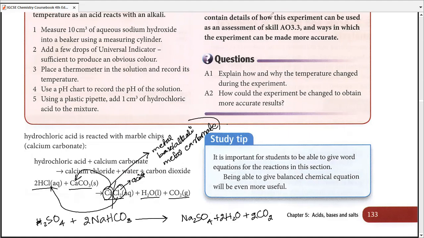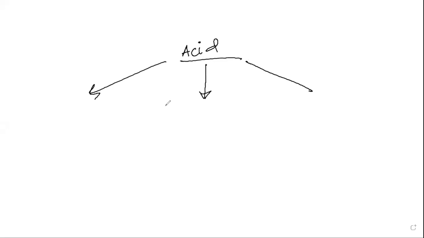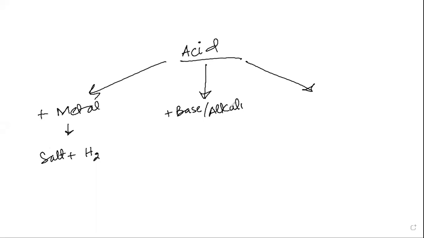I would like to stop at this point and I would like to draw a mind map. So mind maps are easy. Remember, we always start off with acids, and there are actually three kinds of reactions. When an acid reacts with a metal, it gives us salt plus hydrogen. When it reacts with a base or an alkali, it gives us salt plus water.